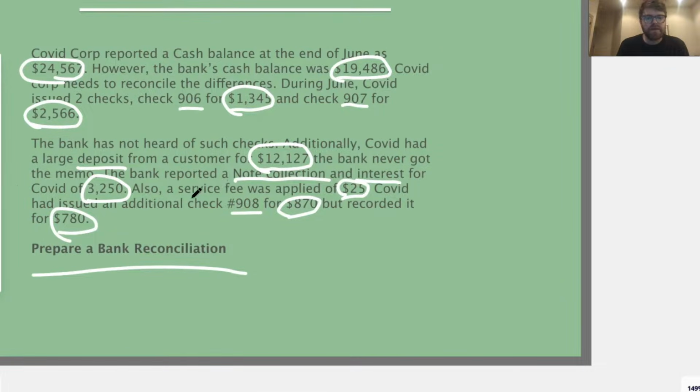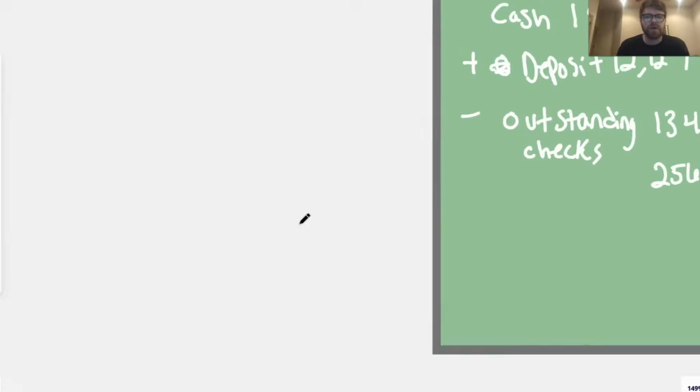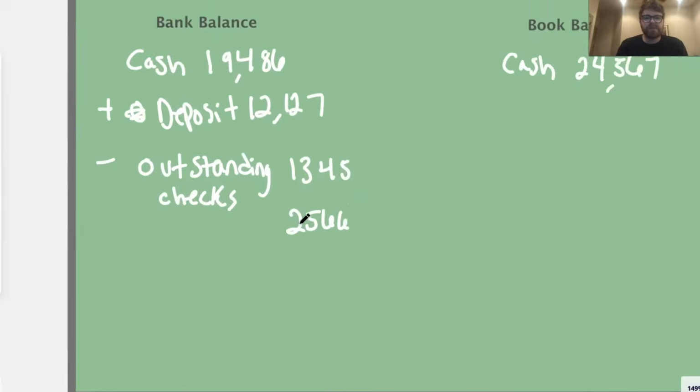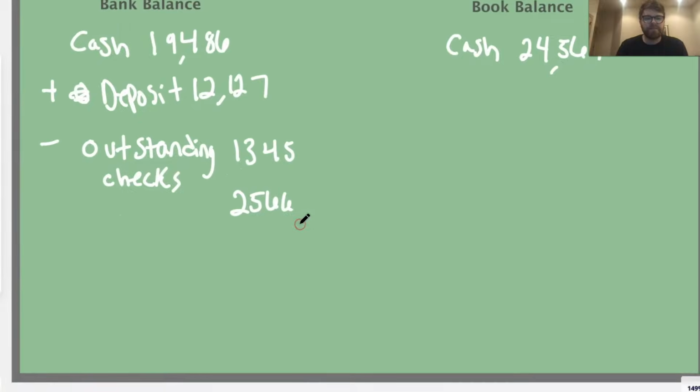Now I don't see any errors on the bank side. This error down here, I'll give you a hint, is actually on the book side. So we have to correct it there. But there's no errors and there's nothing else. So all I see is this for the bank side. So let's go ahead and add it up here. So equals, and then now you're going to take 19,486.